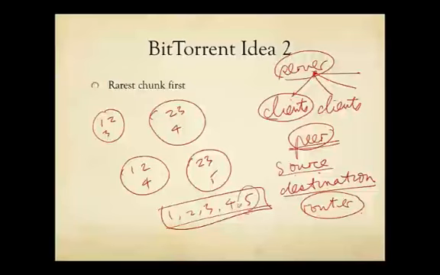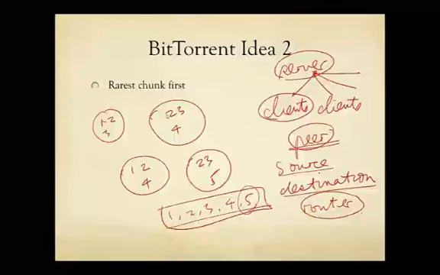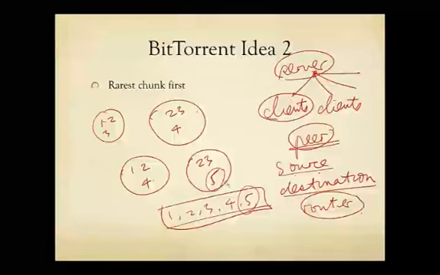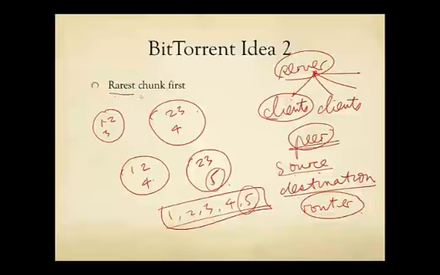But chunk 5 is the rarest. Only one peer has this chunk, whereas chunks 1, 2, 3, 4 have 2 or 3 different peers possessing them. So when we exchange the chunks, let's start with the rarest one. This is the idea of rarest chunk first. It tries to equalize the popularity or availability of different chunks across different peers.